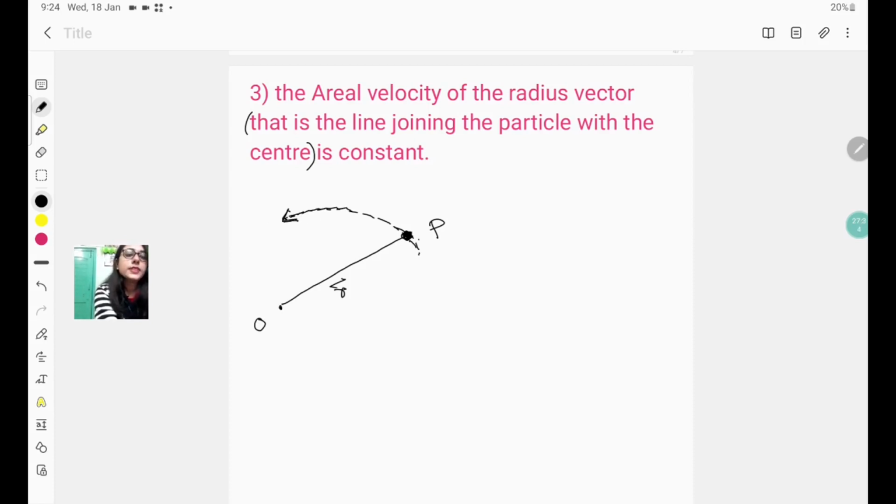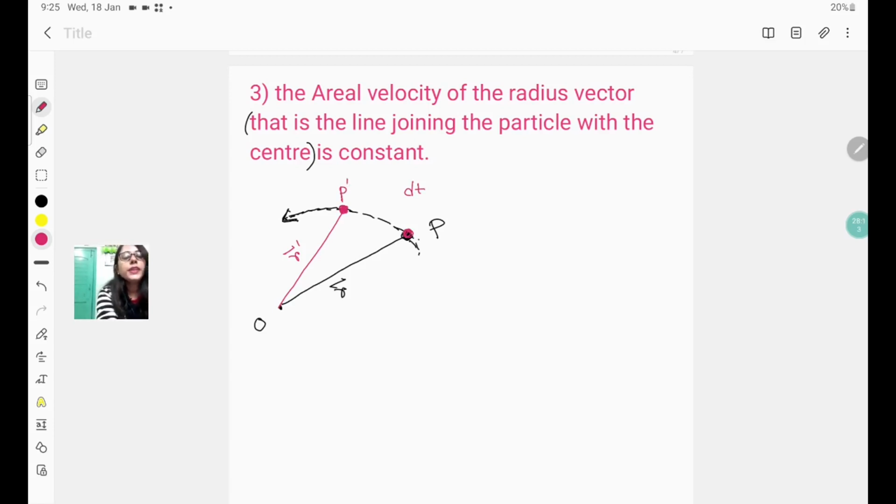So P is moving along this direction. Suppose after a particular time dt, the particle comes here. Now the position vector is here. Suppose this is the new R, we are giving it a name R prime. Now the distance it covered in time dt: suppose at time equal to 0, this one is P, and after a time dt, it comes to this point P prime.